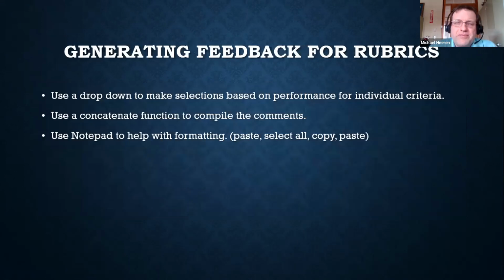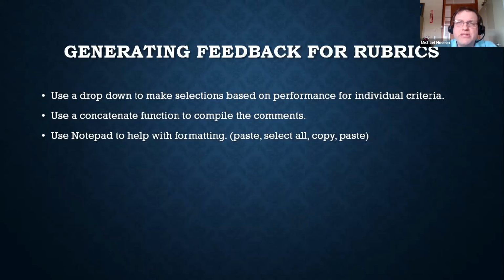All righty. Now, I'd like just to move on and think about generating feedback for the rubrics. Okay, so what I have done is created a way for me to take these comments.